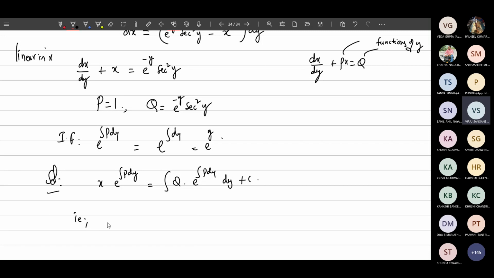So that is x e to the power of y equal to integral, e power minus y, q is e power minus y secant square y, e to the power of y dy plus c.